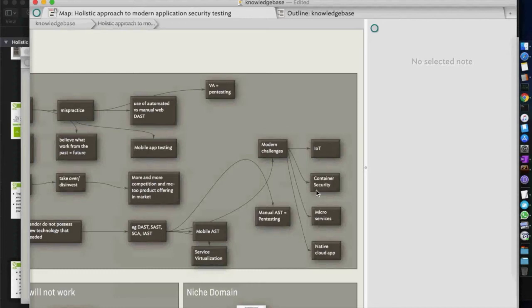Container technology has become so popular because of its small footprint compared with a virtual machine, so more and more people are using it. But you need a very unique container security scanner to detect and scan, because it is not a full-blown virtual machine.